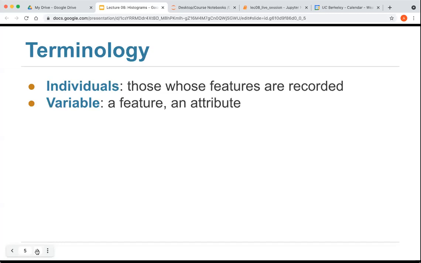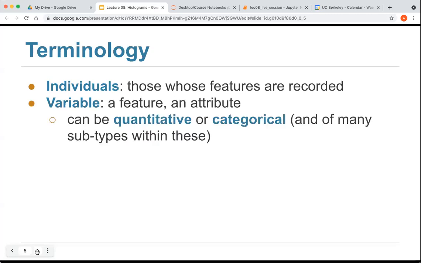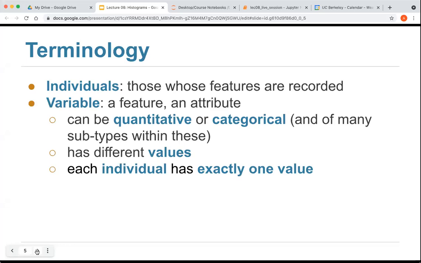And each individual had exactly one of those values, right? So that variable, handedness, had multiple values. In that case, it was categorical, but variables can be quantitative as well. We spent some time a couple of lectures ago talking about variables that kind of look numerical, but are actually categorical. Okay, so the variable has different values, and each individual has exactly one value.